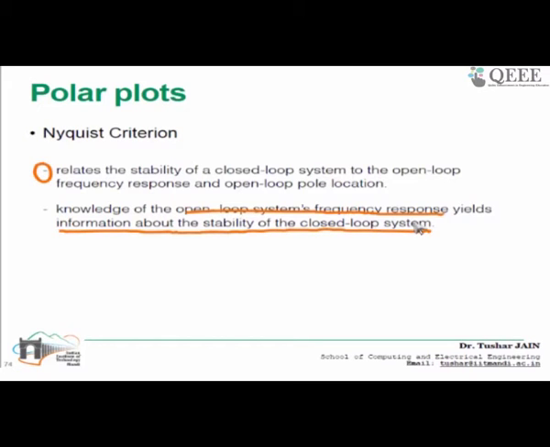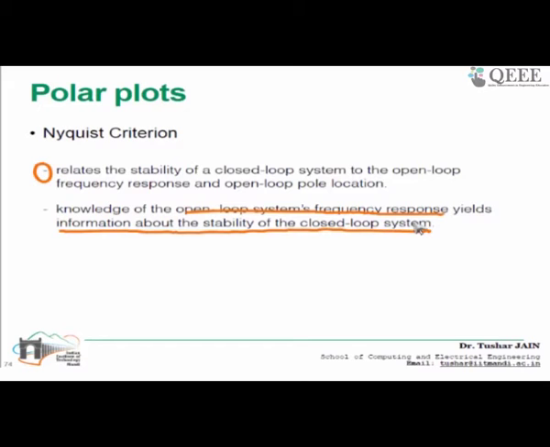So what you will see here is that if I know the location of the poles or zeros of the open loop system, then I can say, though I do not know the controller, I could have the information about the stability of the closed loop system, right? So try to think on this statement a bit more.